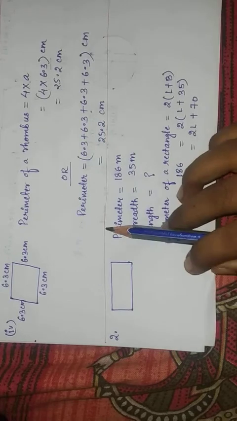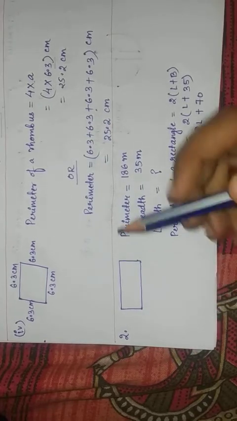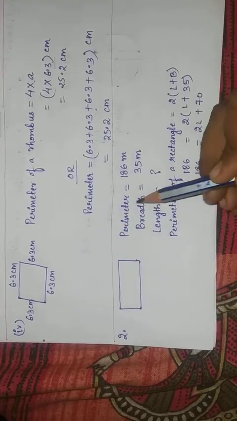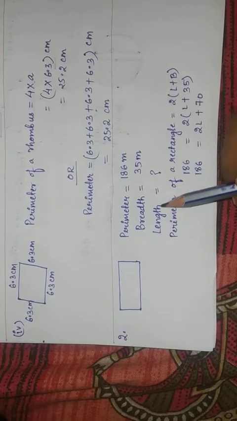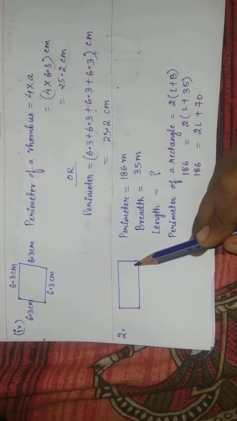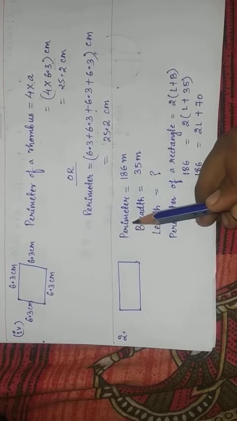Then question number 2. In question number 2, the perimeter is given to you, breadth is given to you, length is not given to you. You have to find out the length of a rectangular field whose perimeter is given, breadth is given.